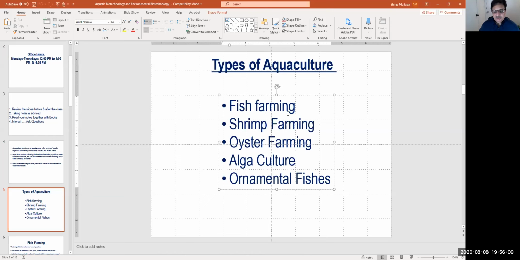Then shrimp farming. Shrimp is one of the most popular foods liked all over the world, but not every country has access to shrimp because they don't have a coastline, so they have to import from those countries which have a long coastline and well-developed shrimp farming, for example in China, Japan, or on the coast of the US.